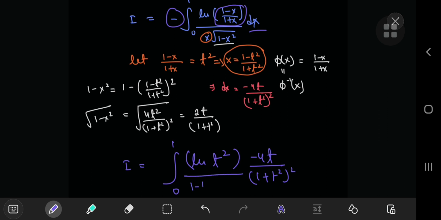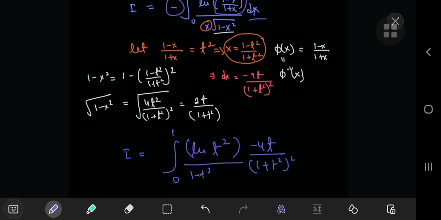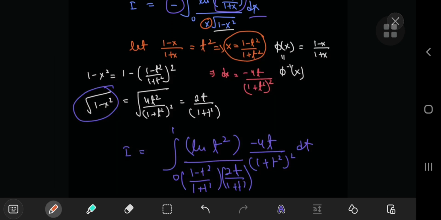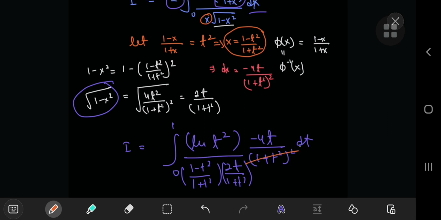Now x is 1 minus t squared by 1 plus t squared. And x is being multiplied by this term here, which is 2 times t divided by 1 plus t squared. And that's a lot of stuff for one integral. But things cancel out so nicely here. I mean, look at this term up here and these terms down here.